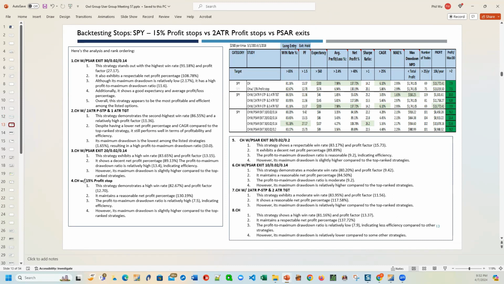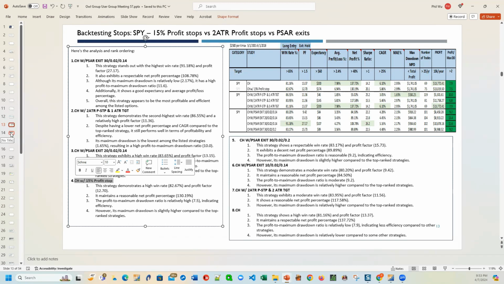And then see the 15%, the thing that we did last week, the channeling with the 15% profit stop, was below the ATR exits. Those are amazing win rates, but this is SPY, and SPY has been trending higher.